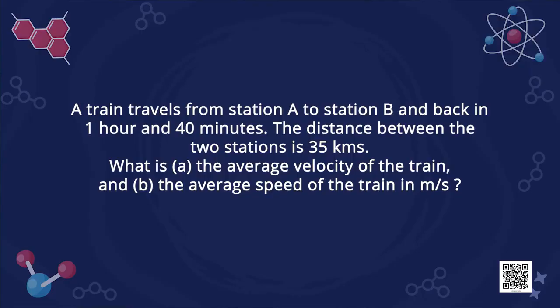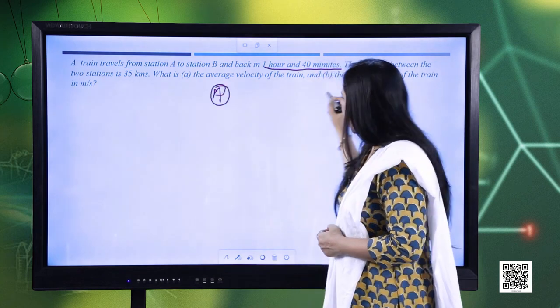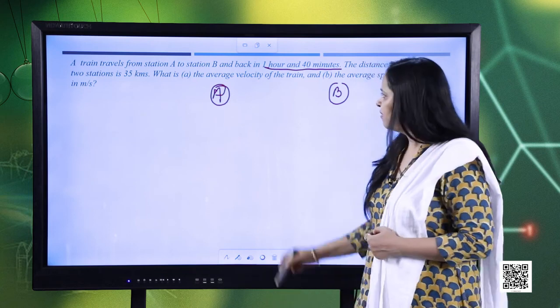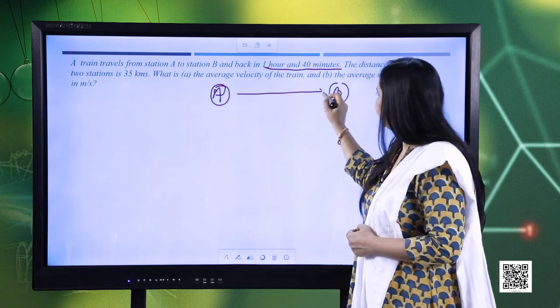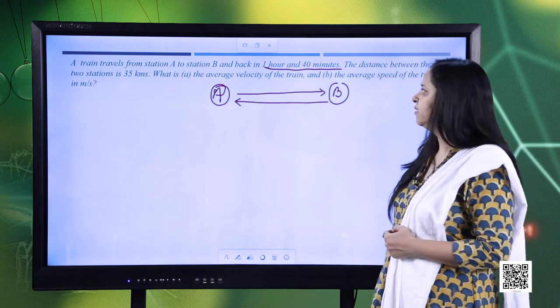Now let us consider an example to get a better idea of speed. According to this example, a train travels from station A to station B and back in 1 hour and 40 minutes. So let's say this is station A and this is station B. The train travels from A to B and then returns back. This is what is given.